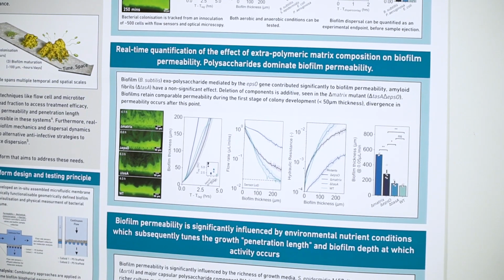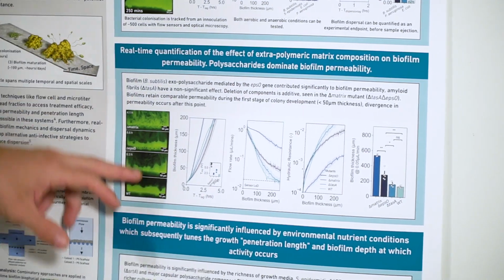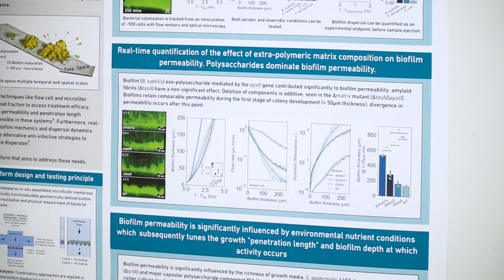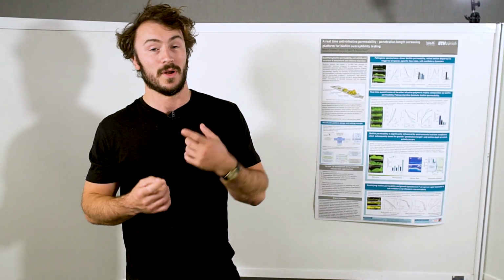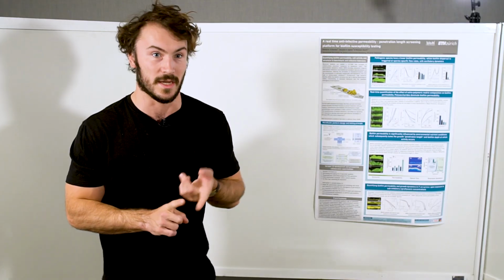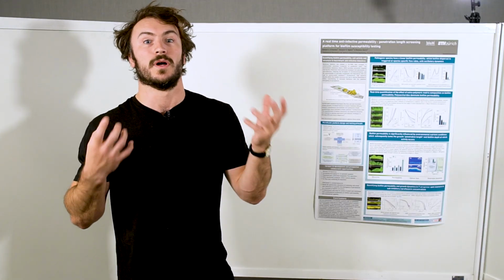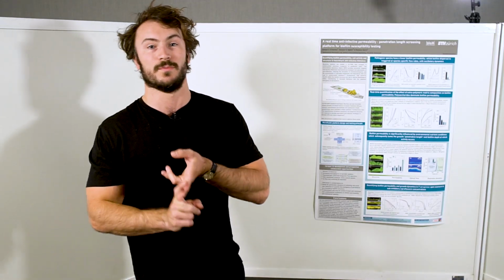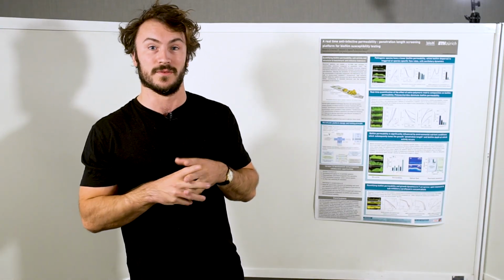Next on, we looked at the influence of the composition of the extracellular matrix on biofilm permeability and stability using a Bacillus subtilis system. Within this system, we tested 3 different mutants: a polysaccharide deletion mutant known as EPS-O, an amyloid fibril protein known as TasA, and then a triple mutant, which was devoid of both of these components, and a hydrophilic surface coating all on the outside of the biofilm.